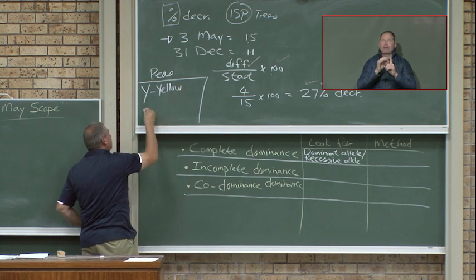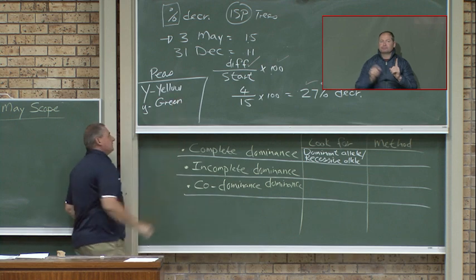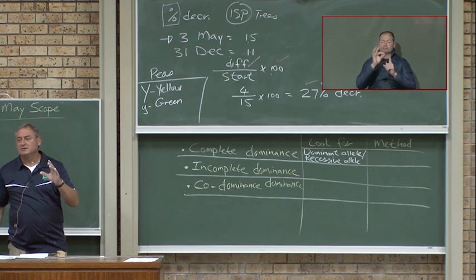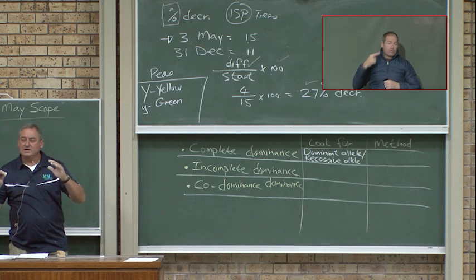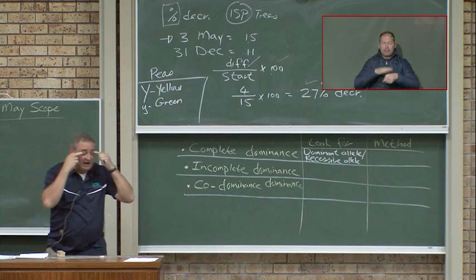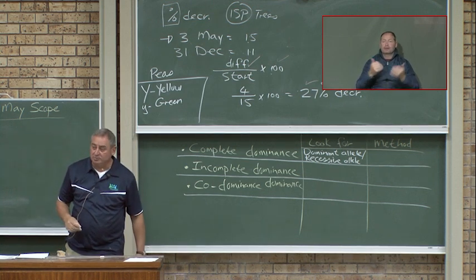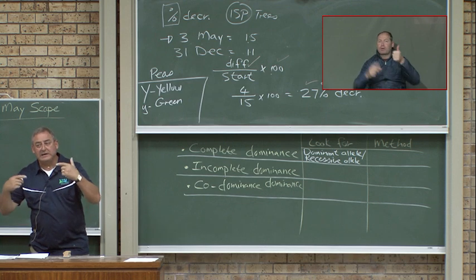Others are green in color. And he said that in peas, he's seen, just like with dogs, black hair color is dominant over brown. With people, brown eye color is dominant over blue. There's dominance in nature. Now, what did Mendel mean?